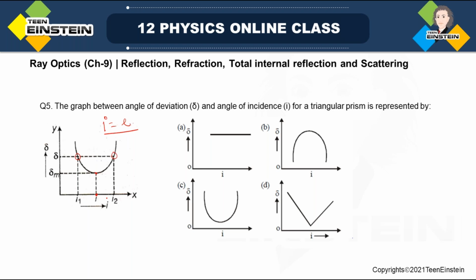Now, if you increase the angle of incidence again, the angle of deviation will start increasing from here, in a kind of parabolic curve.